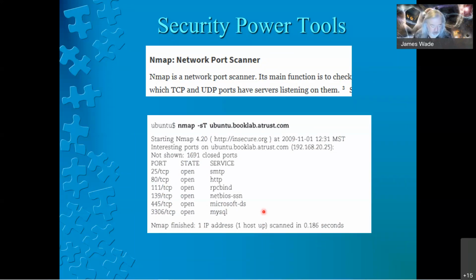If you've had the intrusion detection class with me, the students run Nmap. Also in the intro security class, I have them run Nmap. And they also run Nessus and OpenVAS, which is a vulnerability scan.